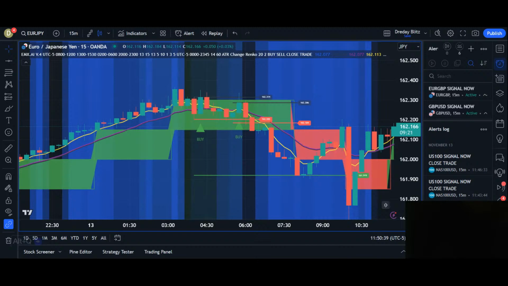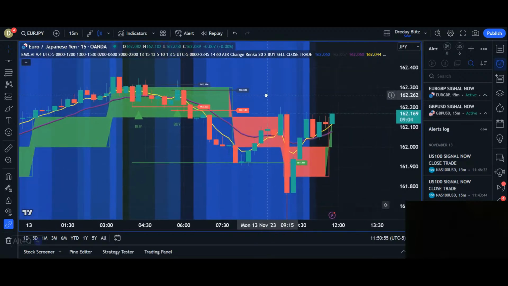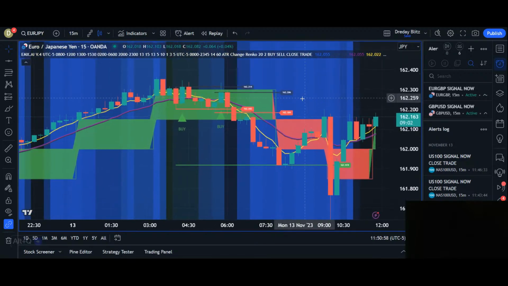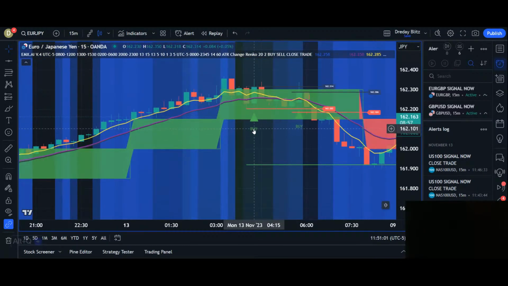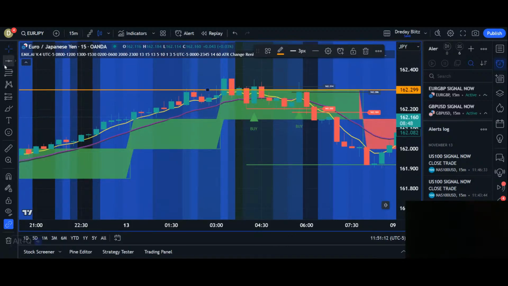So, Euro JPY. You said there was a last signal on 13 Monday, so the stop loss should be placed at level 161,358. Let's plot our lines.